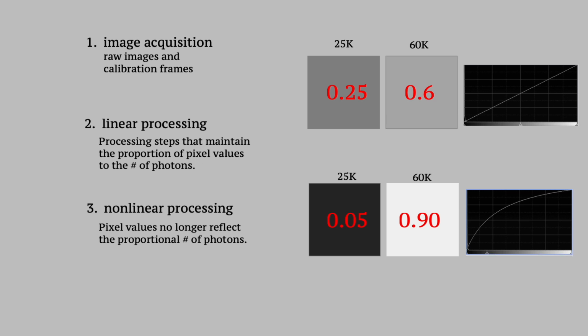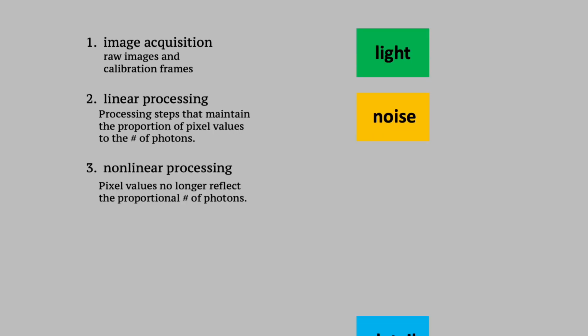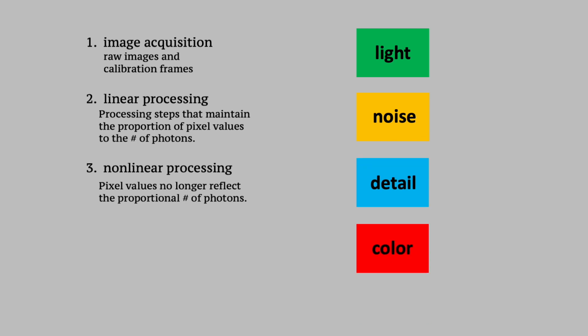So let's take a look at the other areas that I like to look at. If you've looked at the video that I made called Principles of Astrophotography, you know that I'm primarily concerned with these four areas: getting enough light in our image to where we can actually see something, trying to reduce the noise in the image that can result in a lot of graininess, and where pixel values right next to each other are kind of inconsistent, and we want to smooth that out and reduce that if we can.